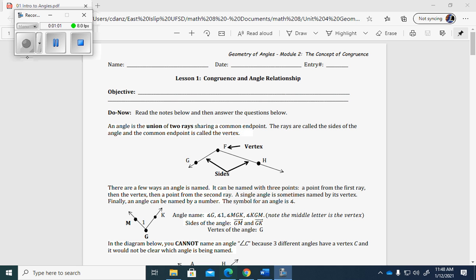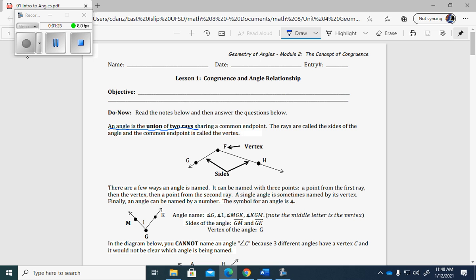So some important things about this page is, first of all, when we have our quiz, there's actually going to be a vocabulary section. There's so much vocabulary in geometry that there's actually a vocabulary part of the quiz that's matching. So some terms you need to know is definitely what an angle is.